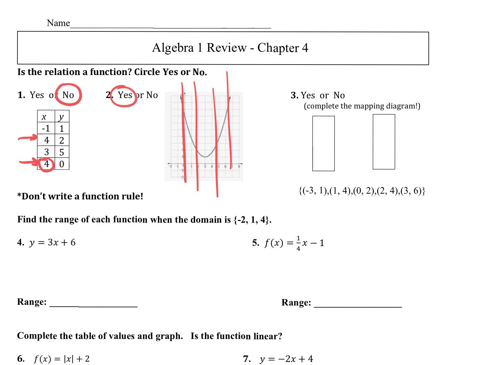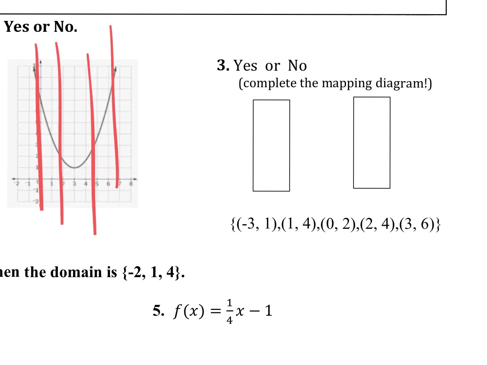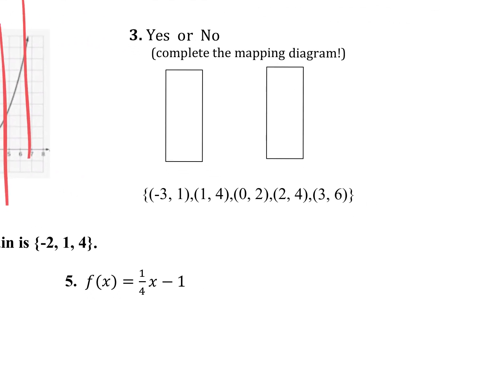So that's a yes. Okay, to complete a mapping diagram, you have domain, your x's, and range, your y's, okay? We want them in numerical order, least to greatest with no repeats. So -3, 1, 0, 2, and 3. Those are almost in order.